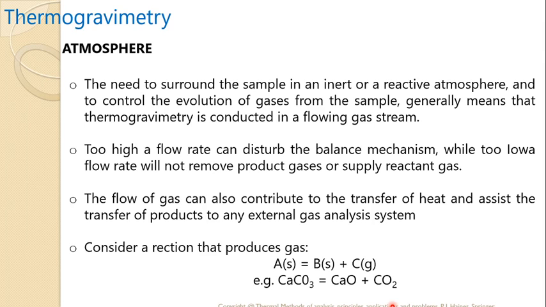Too high a flow rate can disturb the balance mechanism, while too low a flow rate will not remove the product gases or supply reactant gases. For that purpose, the optimum flow is used for removing such gases or maintaining the thermal balance.